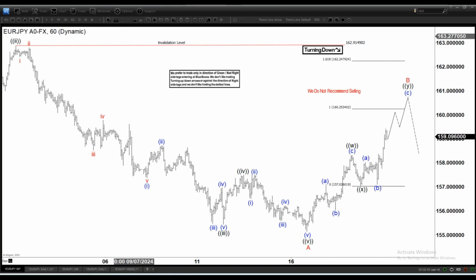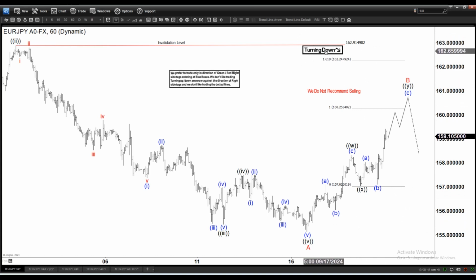Today is September the 19th and the chart of the day for today is the Euro Yen 60 minutes time frame. We can see we ended A here as a 5 waves down and now we are looking for a B rally before it starts turning lower again. We don't yet have any bullish or bearish sequence, as the arrow is not red here, it's only turning down.